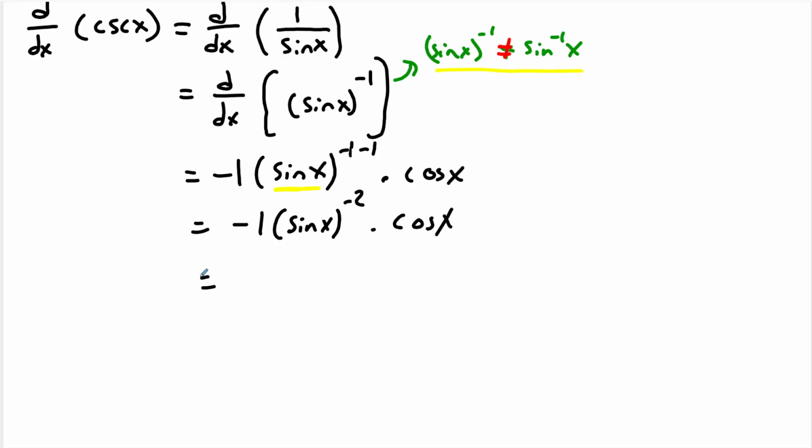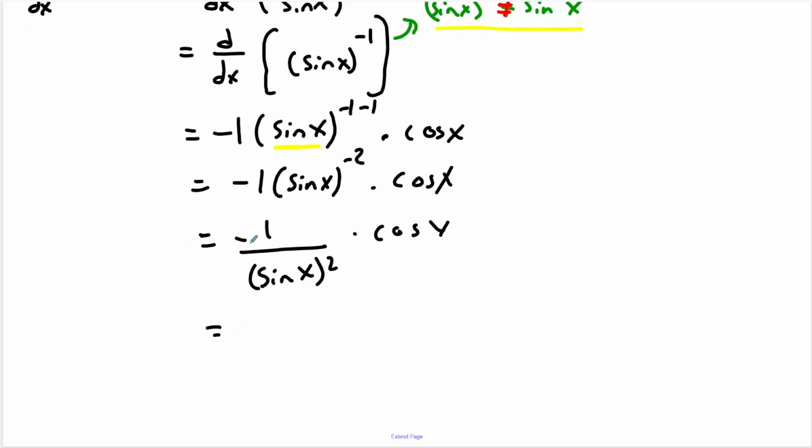So then this will just equal -1 over sine of x squared times cosine of x. And then this will equal, and this is how it's commonly written, I'm just going to write it as negative cosine of x over sine of x times 1 over sine of x.